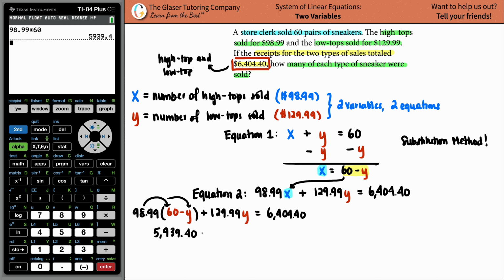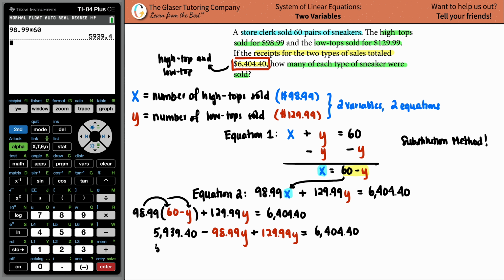5939.40 minus 98.99y plus, now keep going with it, 129.99y equals $6,404.40. We have two y values. Let's just put them together.